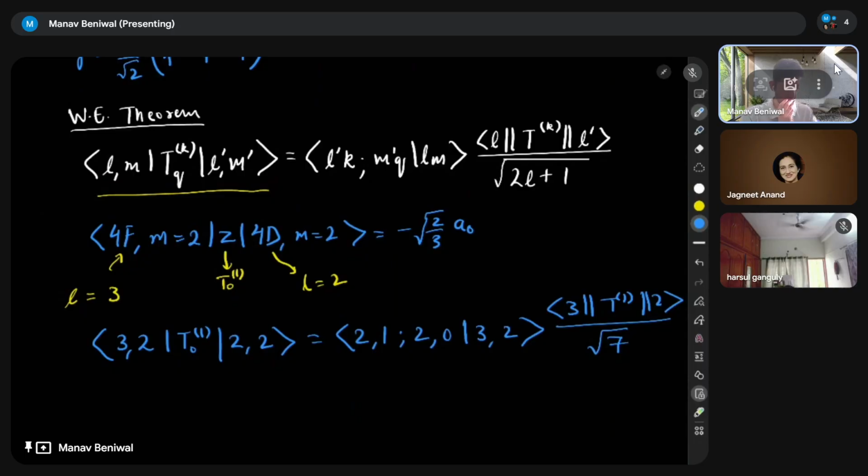Okay, and we also know that this thing is equal to minus 2 by root 3 a naught. Okay, so this is equal to minus under root 2 by 3 a naught, right?